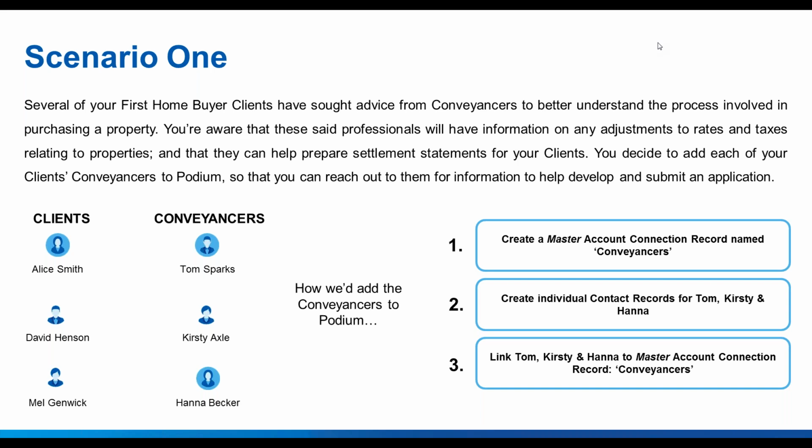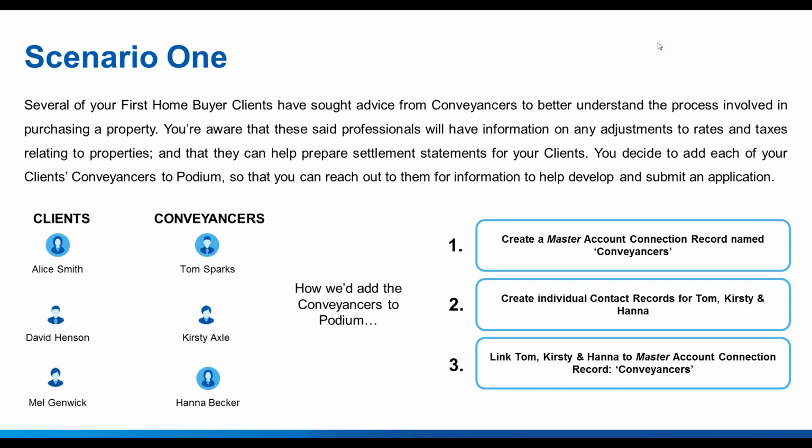First, starting out by creating a master account connection record named conveyancers. That means we're going into the client tab, selecting an account connection record type, naming it conveyancers, and then proceeding to the next step, which is to create individual contact records for Tom, Kirsty, and Hannah.